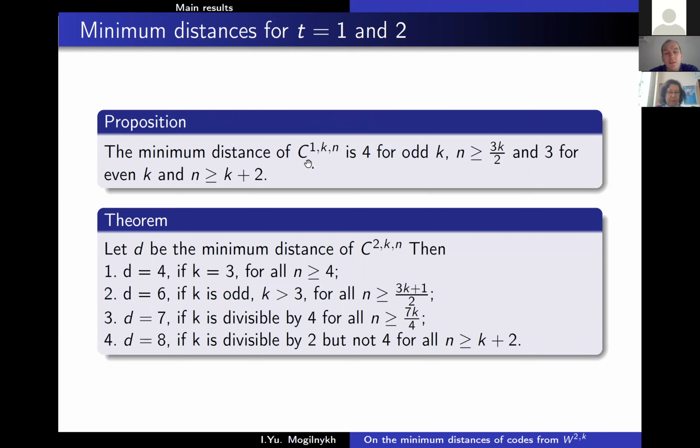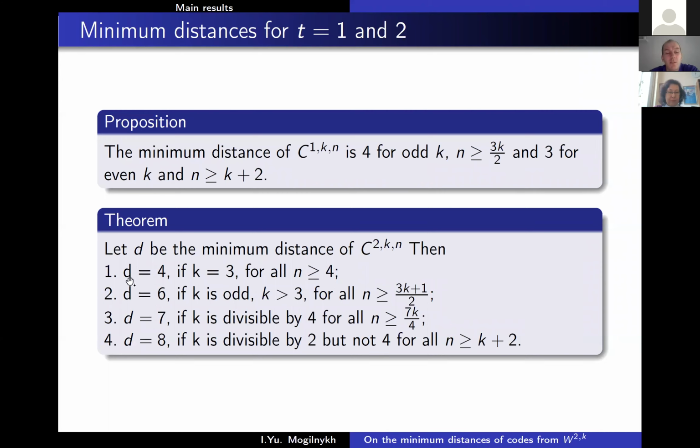The minimum distance of the code C1Kn is 4 for odd K, and it is 3 for even K. This is asymptotically on n. And the solution for the case when t is 2 is as follows. Let d be the minimum distance of the code C2Kn.